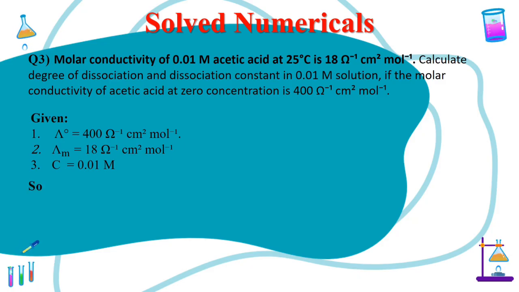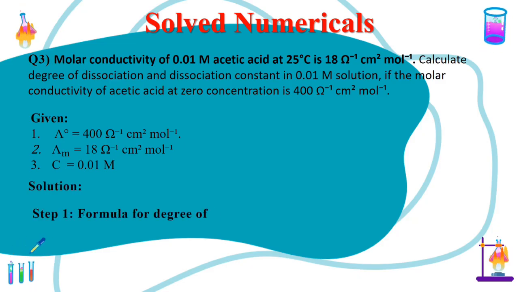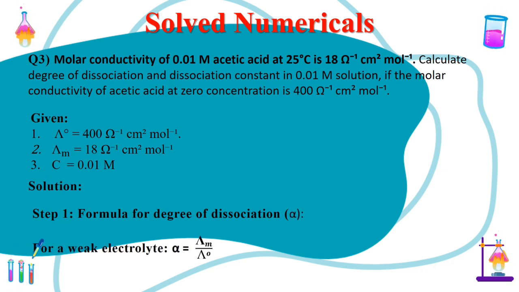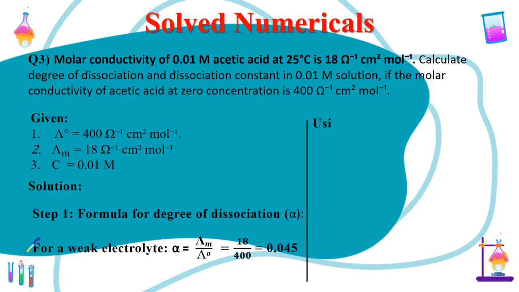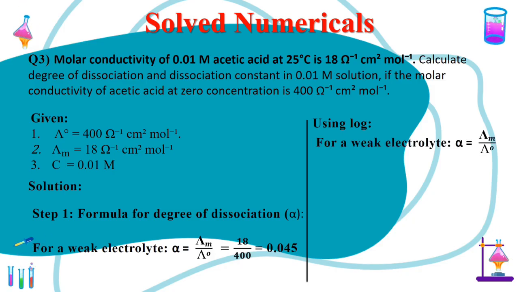Since we know acetic acid is a weak electrolyte, the degree of dissociation is given by the formula lambda m upon lambda naught. By substituting the value, we get the answer 0.045. Since in the board exam we cannot use a calculator, we can focus on using log books to solve the numericals.